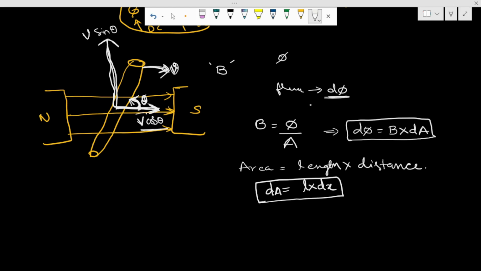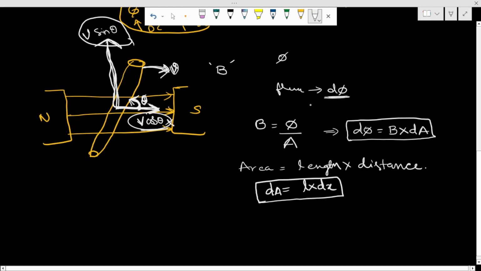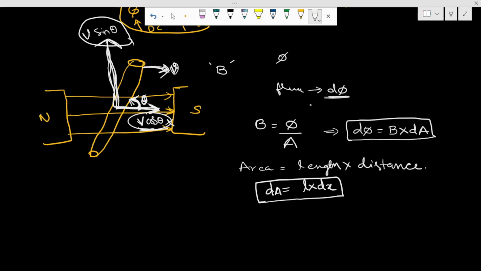Perpendicular to the flux lines, we can get the EMF. Therefore, we are considering V sin theta, not V cos theta.